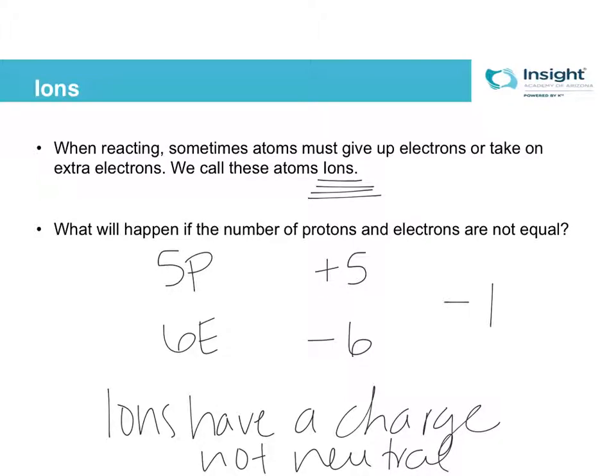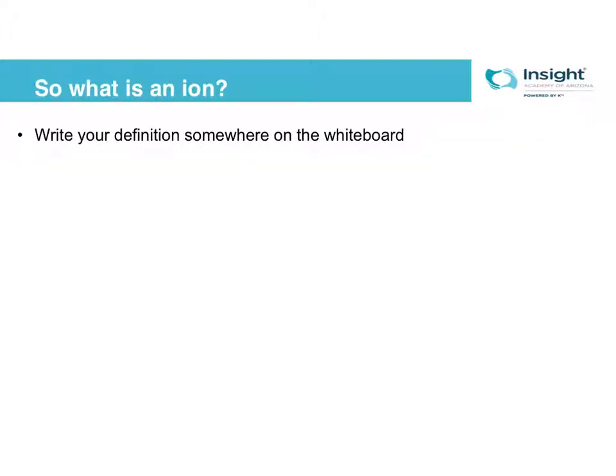What I want you to do is combine what we've talked about on this slide, the fact that ions are elements that either give up or gain electrons, and because of that, they're not going to be neutral. Turn that into a definition of your own. Obviously you can't write on here because you're watching this, but on a piece of paper, jot it down.